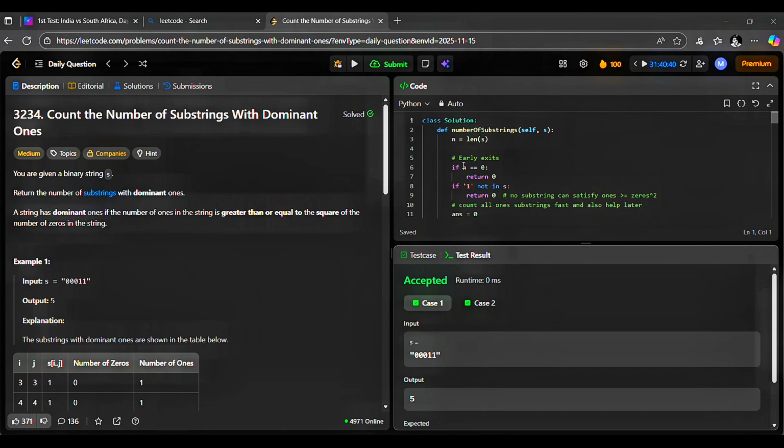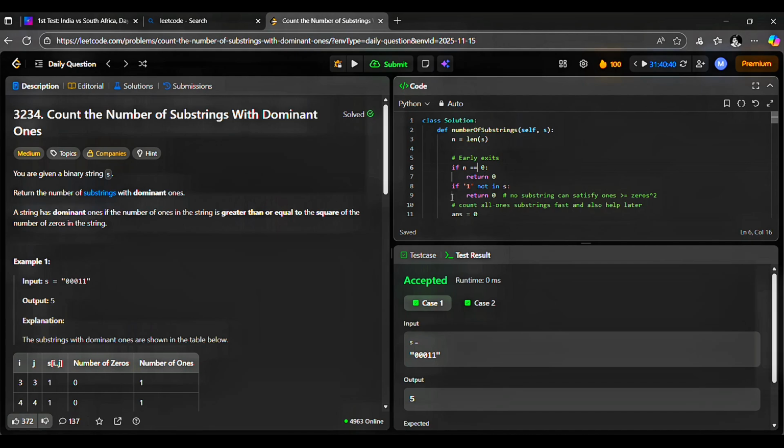On the next part we have checked a condition: if the string has no characters we will return 0. So we write that if n == 0, then we return 0. If the input is empty, there are no substrings, so the answer is 0 right away. In the next part there is also a condition that if the string has no 1s, then no substring can be dominant.